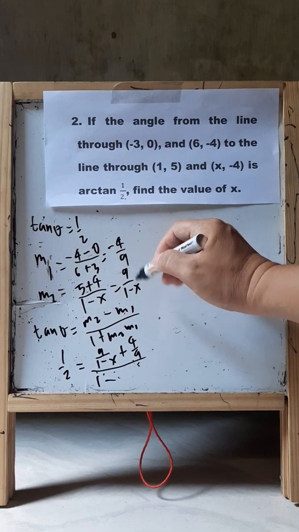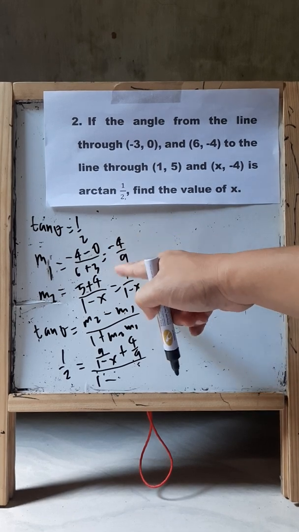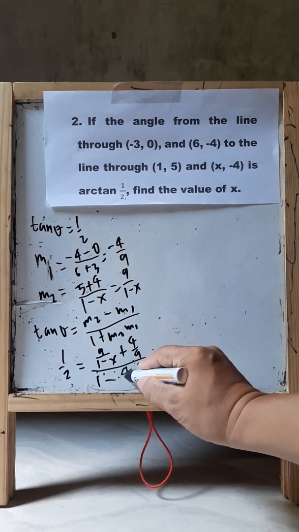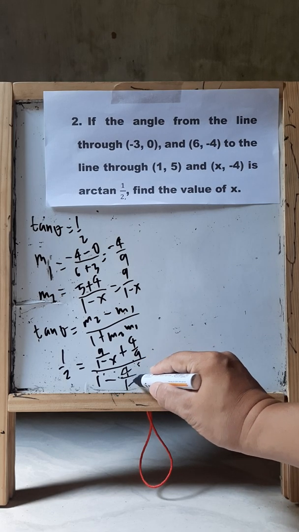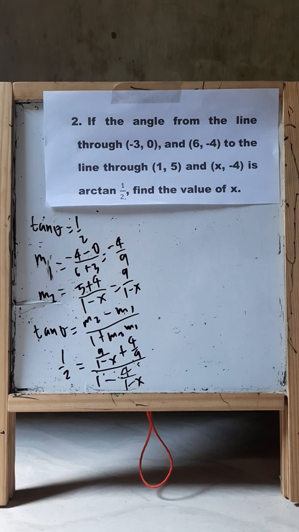The product of the two slopes here, cancel 9, is 1 minus 4 over 1 minus x. Kasi nag-cancel na yung 9.